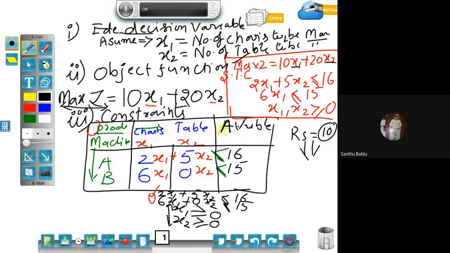At present these are the variables. They may vary, but the minimum value of these variables must be 0. Is it clear? Okay, sir. Any more doubts?